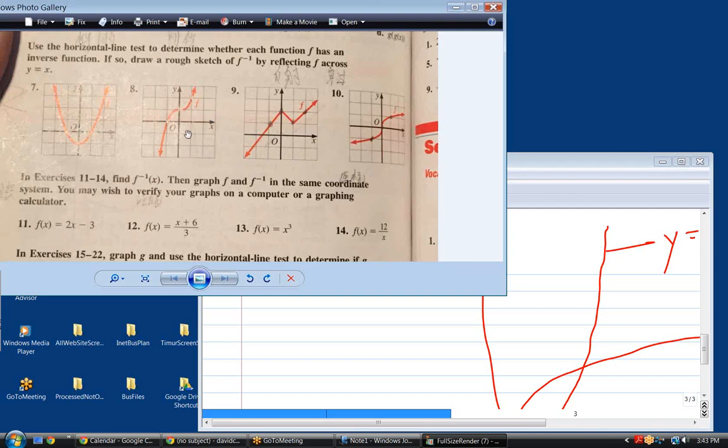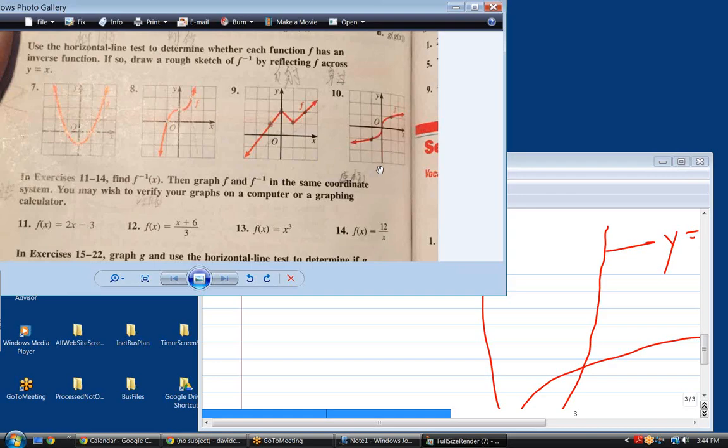If I pass a horizontal line, there are multiple values right there. Oh, okay. How about 9? No. And 10? Yes? Or no?